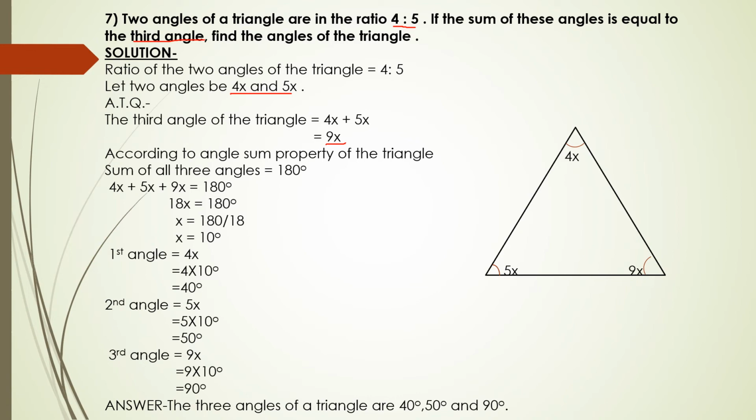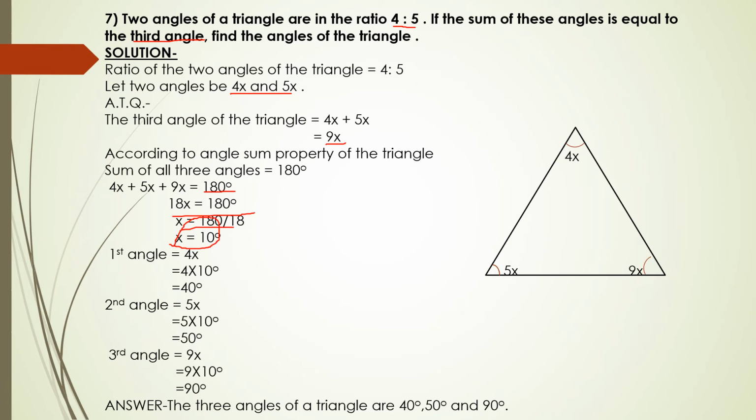So we will use angle sum property in a triangle, that is sum of all three angles of a triangle is equal to 180 degree. Children, write and add all three angles, that is 4x, 5x and 9x. You will obtain 18x is equal to 180 degree. So x is equal to 180 upon 18, that is x is equal to 10 degree.